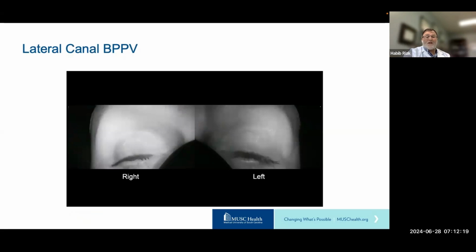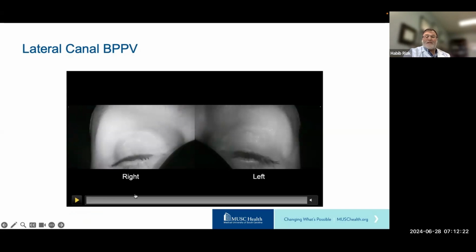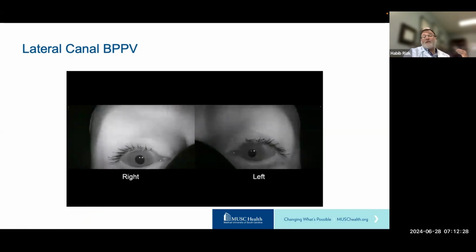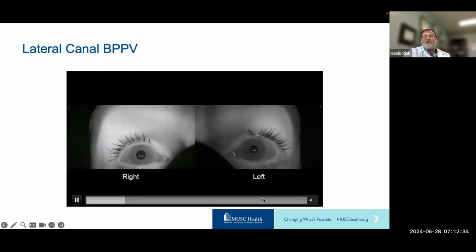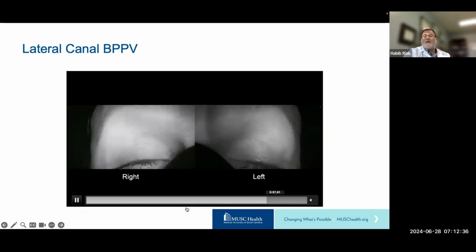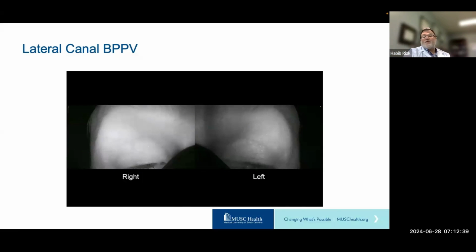And finally, horizontal canal, which is a purely horizontal nystagmus when you do a supine roll test, which is not a complete extension of the neck. You go back about 30 degrees, and you can see a right beating horizontal nystagmus on the right side that switches to a left beat horizontal nystagmus when you turn the patient's head to the left.